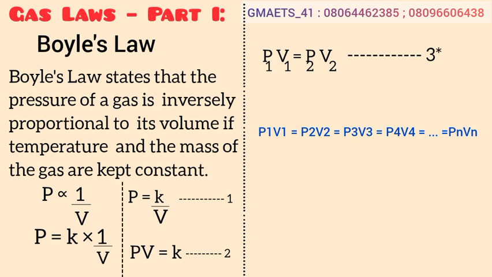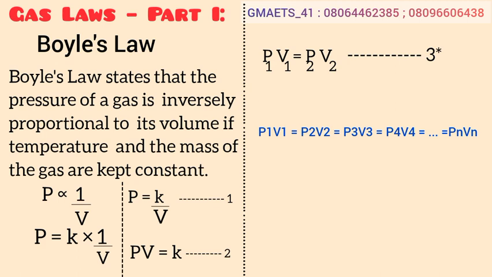Don't worry about that. As we continue in our study under thermodynamics, we are going to learn this format of analyzing gases when the gas exists in several states. So please friends, take note of equation 3 asterisk for calculation purposes, P1 V1 equal to P2 V2.